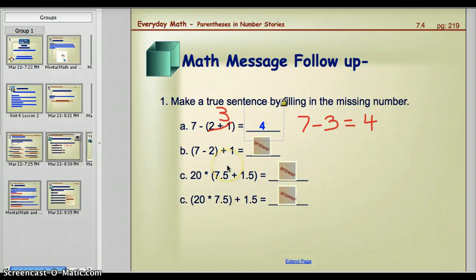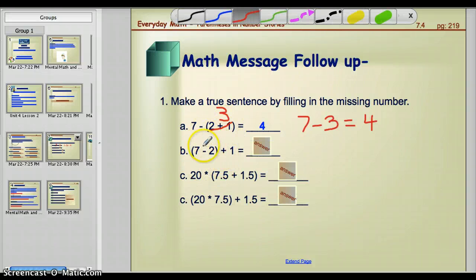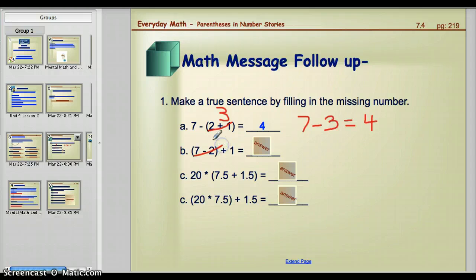And after I would do a few whole class, I would have the students do them either on a whiteboard or at their seats, just to kind of do them together and then check, and then we'll do some independent practice. So we'll do the next one too. Again, we solve inside the parentheses first, so 7 minus 2 is 5.